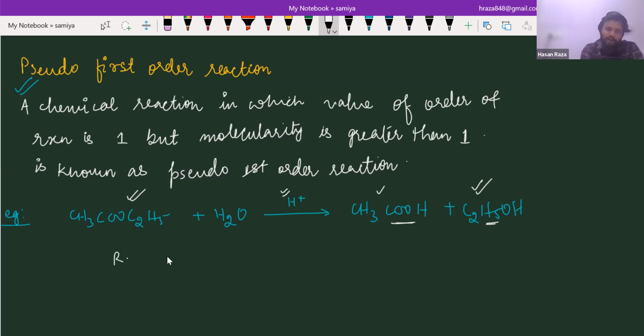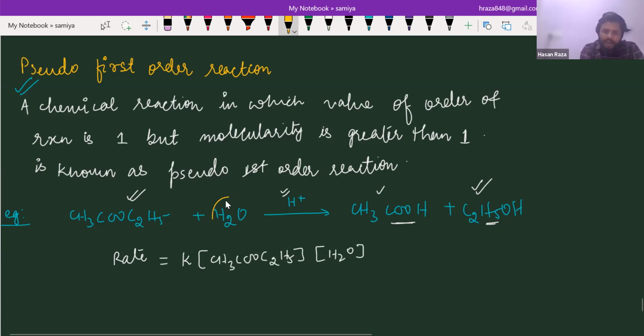Now if you write the rate law expression, there will be K, and the rate law is expressed in terms of the reactants. Experimentally it was found to depend on CH3COOC2H5 and H2O. Now, this H2O is in excess.